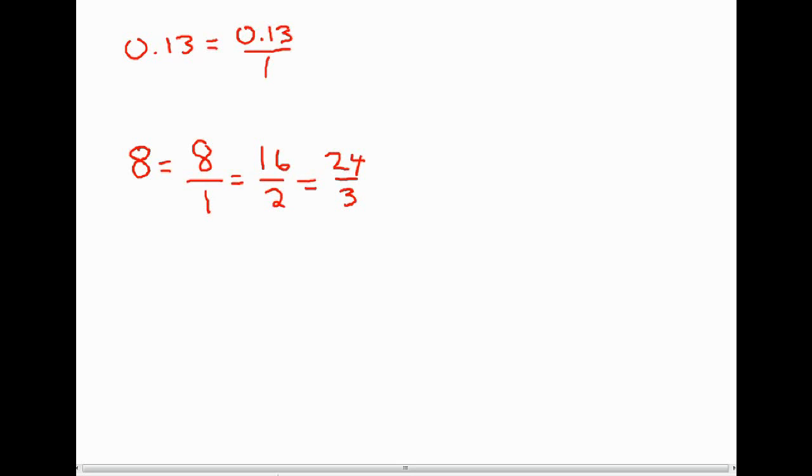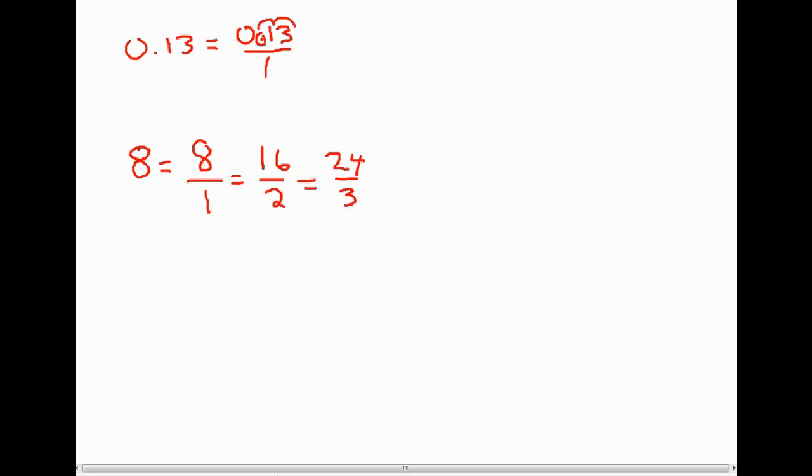Just like with 8, to make 8 a fraction, we make it 8 over 1. To start to make 0.13 as a fraction, we put 0.13 over 1. Now the only thing here is we're not allowed to have a decimal in a fraction. So we need to get rid of that decimal. And where do we need to put it? Well, we need to move it 1, 2 places to the right. And then it'll be after the 3. And then instead of having 0.13, we'll have 13.